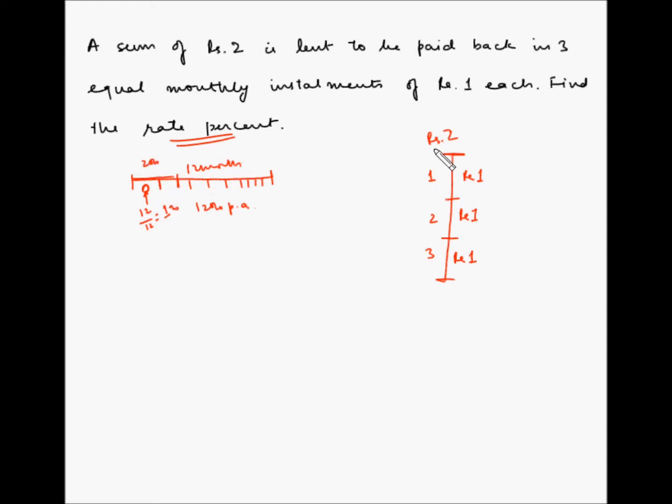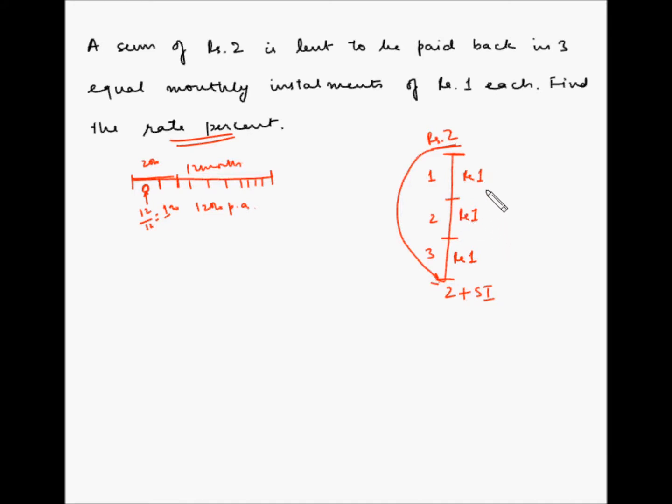So for the amount of rupees 2, if the person had decided not to pay the equal monthly installments, then at the end of the 3 month period, he would have paid back 2 rupees plus the simple interest on rupees 2 for a period of 3 months at the rate percent, which we have to find out.